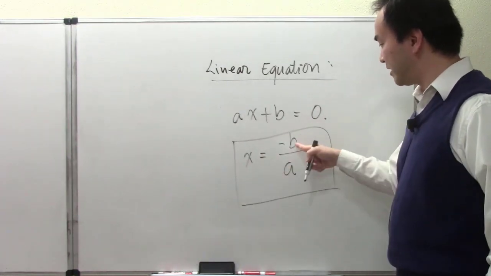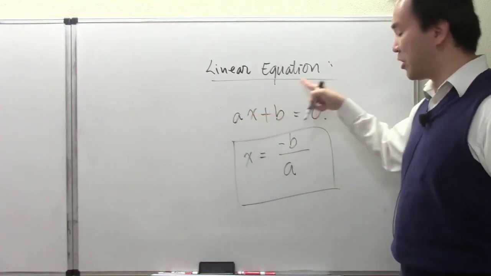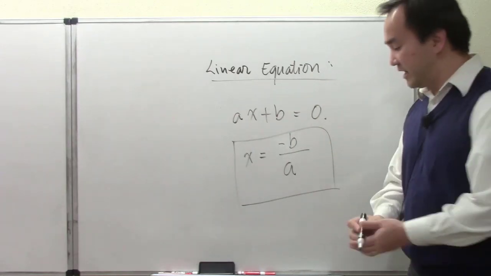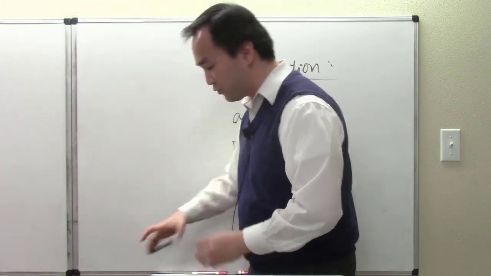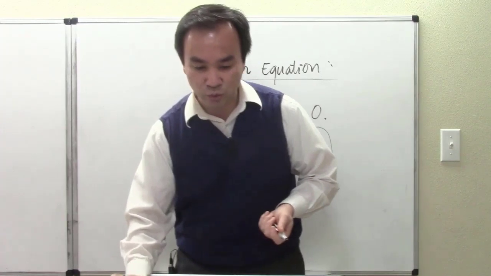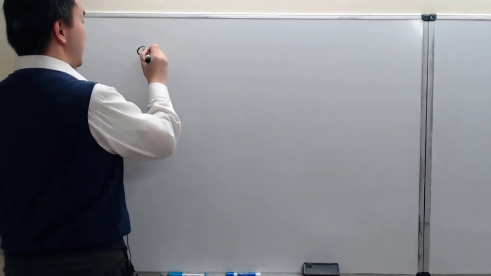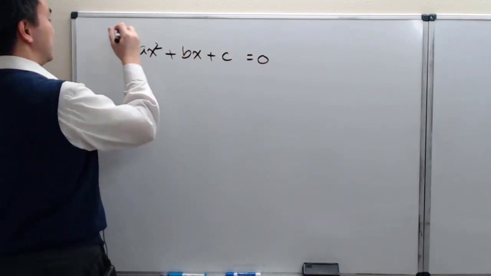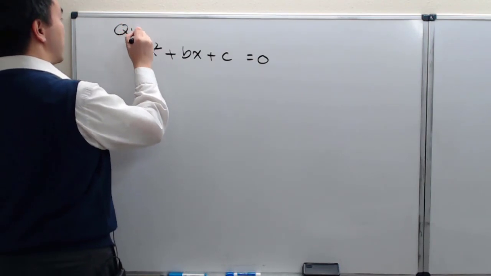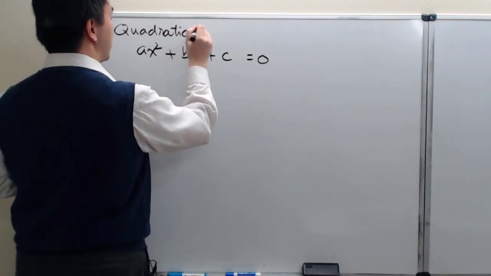This quick formula gives us the solution, the value of x that makes the left-hand side of this equation equal the right-hand side. Then when we advance to a higher level of math, and allow me to switch quickly to the other board, we came to ax squared plus bx plus c, which is famously known as the quadratic equation.